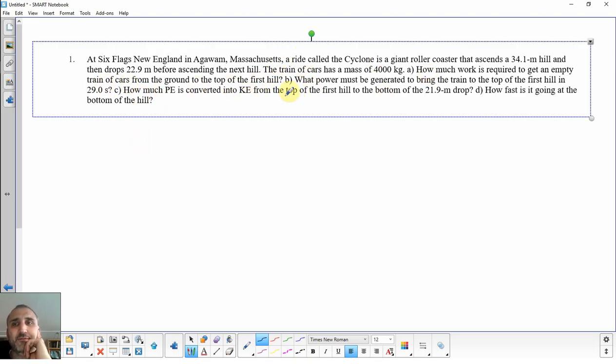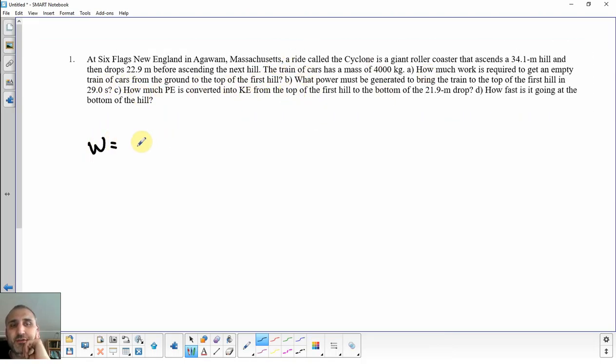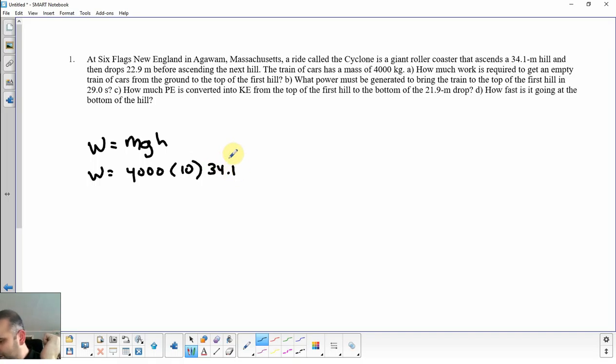Well, first off, the work, just like you guys running up the stairs, is going to be mgh. So the work to get to the top of the first hill is going to be 4,000 times 10 times 34.1, which is going to give us a lot of joules: 1,364,000 joules.